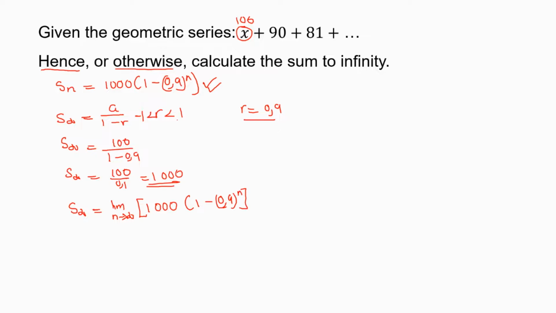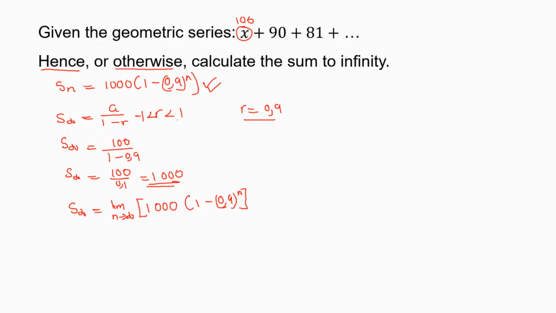Okay, right, what happens to this 0.9 as n approaches infinity? You can try that with your calculator. Just put 10 there and see, just say 0.9 to the power 10 and see what you're getting. 0.9 to the power 100 and see what you're getting. 0.9 to the power 1000. Keep on increasing this n here.